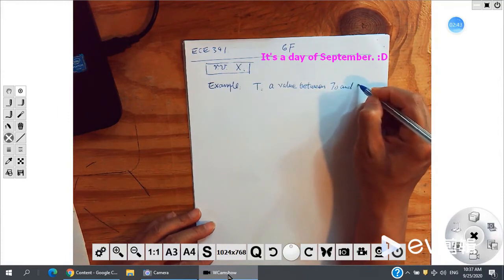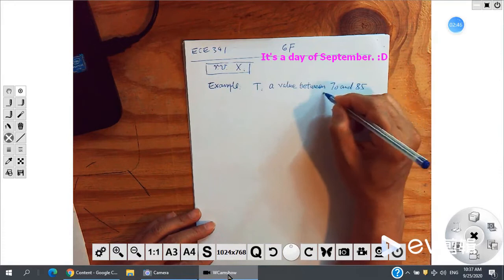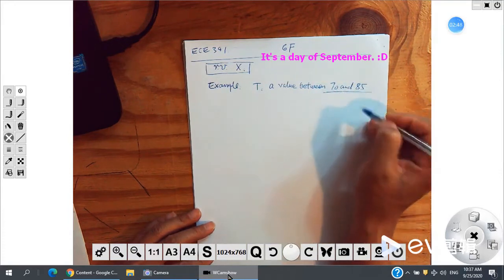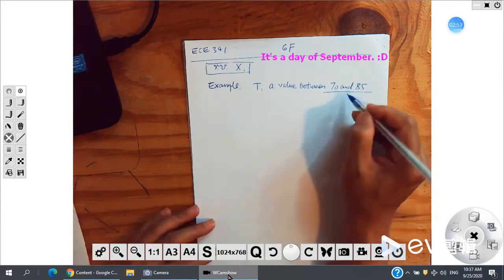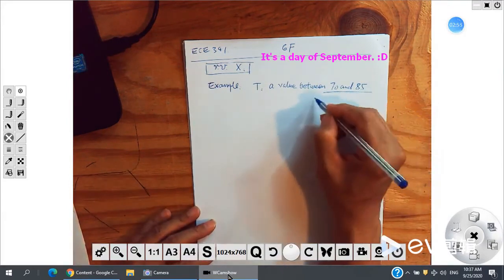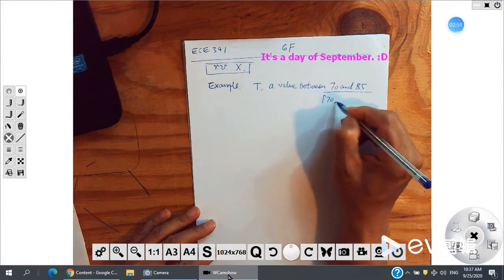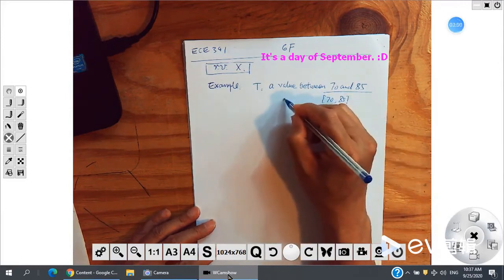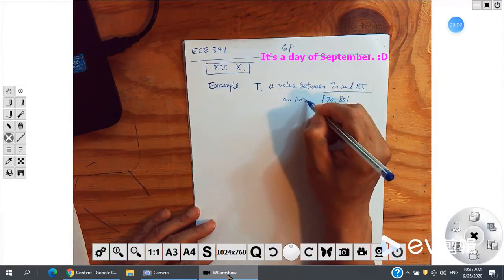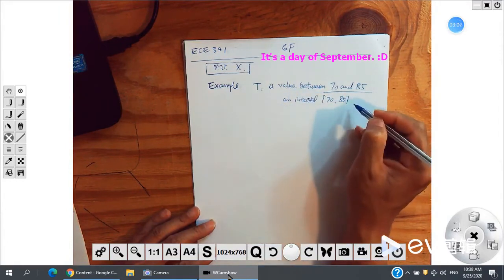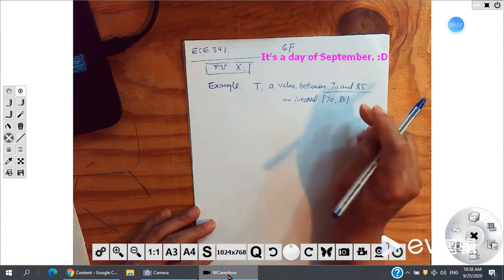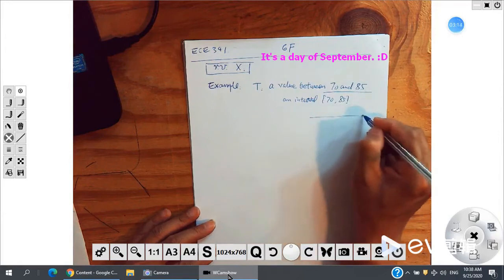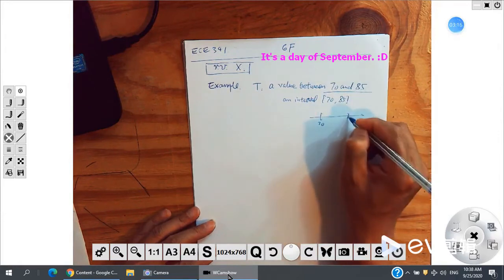Less chance, say 85. So you have a value between 70 and 85, but which one, you don't know. So you have a continuous interval, 70 to 85. It is not a list of single values. You have all these values continuously, from 70 to 85.